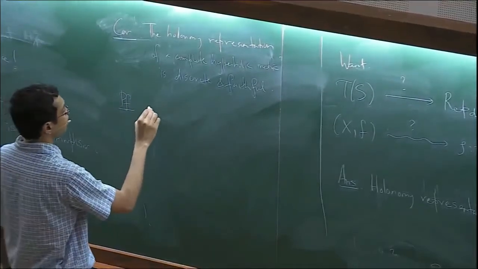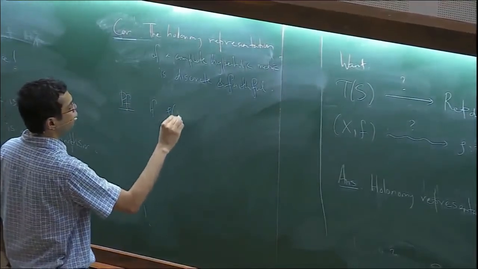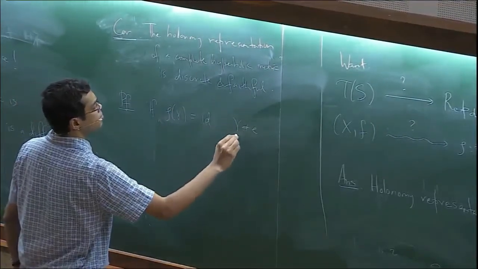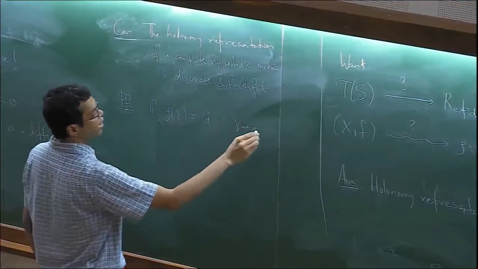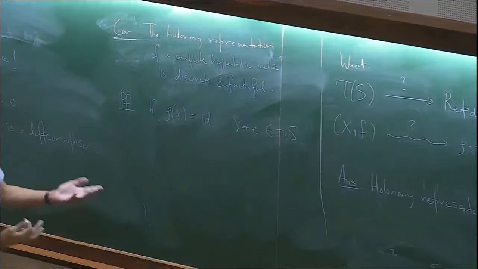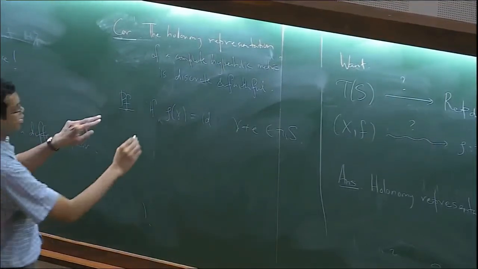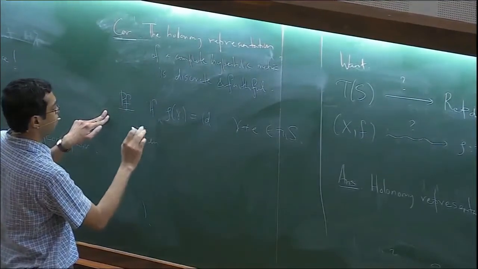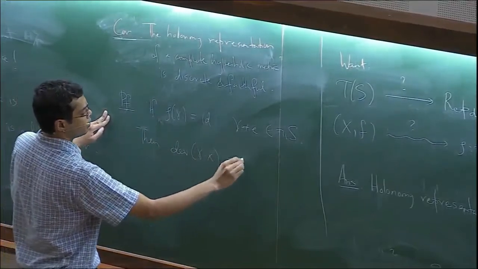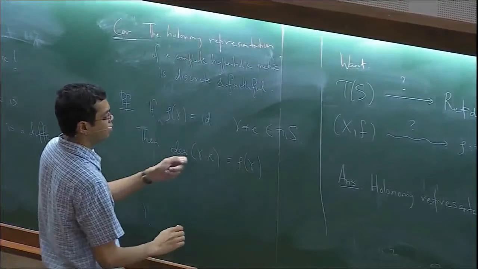Suppose it's not faithful, suppose this representation can take gamma to the identity, where gamma is some non-trivial element of pi 1 of S. Then you know that this developing map is equivariant with respect to this pi 1 S action.